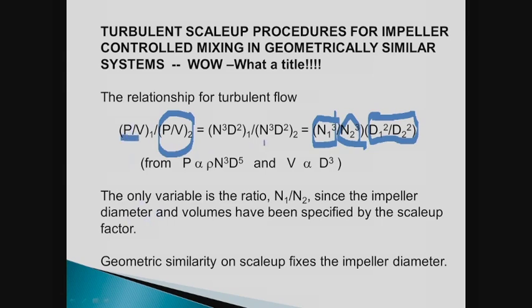Typically we know everything about scale 1 and what size we want to go to. So we really want to figure out what power per volume scale 2 is, and then we know the volume of scale 2, so we can calculate the motor size.